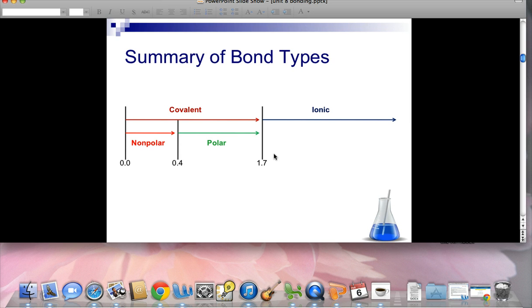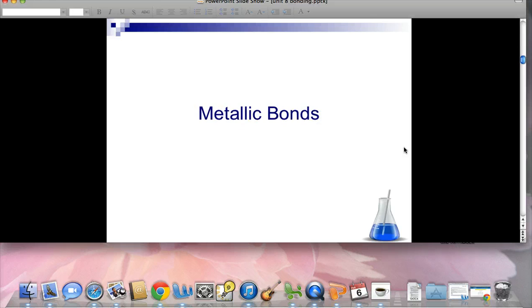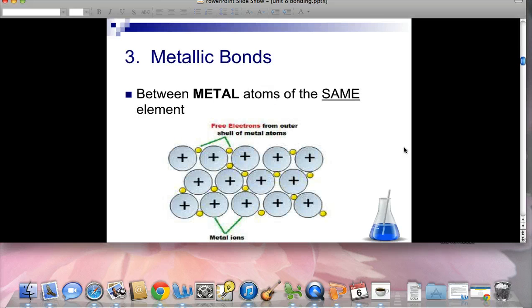And any electronegativity difference of 1.7 and higher would be ionic. So metallic bonds, the difference between metallic bonds and the others is that these are between two metals, and they tend to be of the same metal. And what makes it so conductive for electricity is that we have all these electrons that are free to move around.